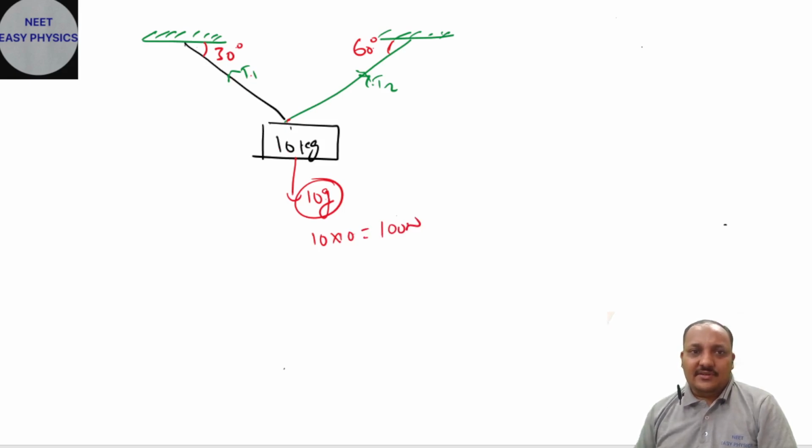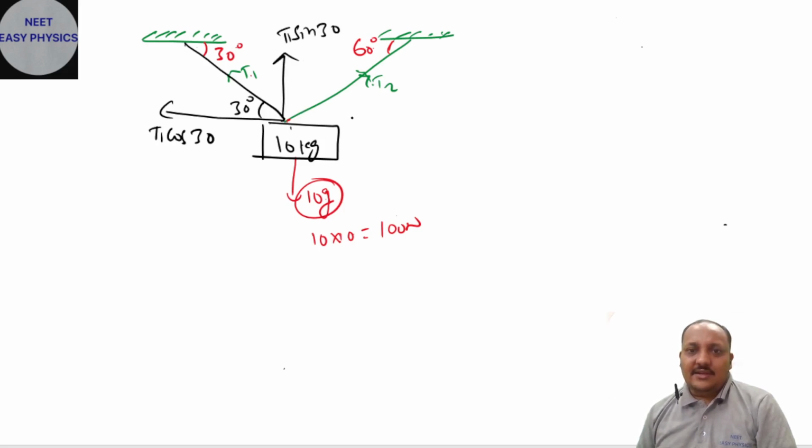Now resolve this into two components. If you resolve this T1 into two components, this is going to be 30 degrees, T1 cos 30, and upwards T1 sin 30 degrees. Like that on the right side, this is going to be 60 degrees: T2 cos 60 and T2 sin 60.